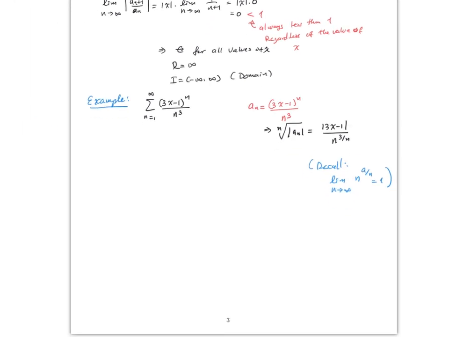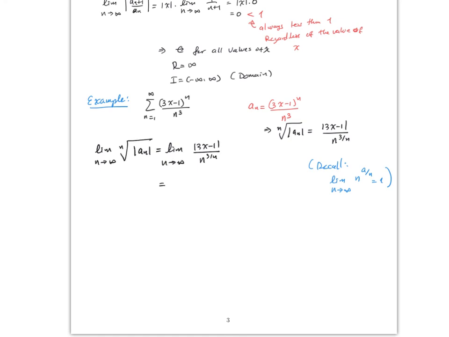Okay? All right, so therefore, the limit as n goes to infinity of the nth root of a_n is going to be the same thing as the limit as n goes to infinity of the absolute value of 3x minus 1 over n cubed over n.